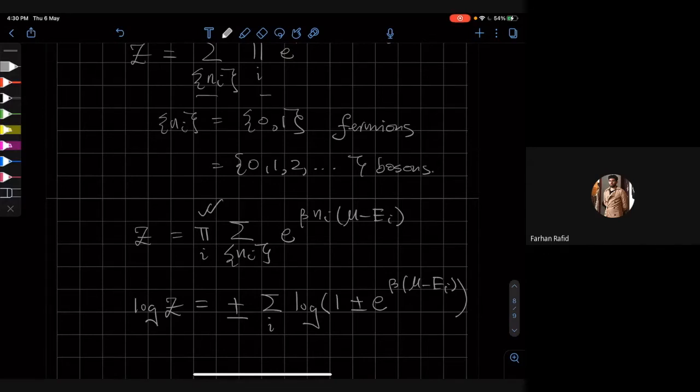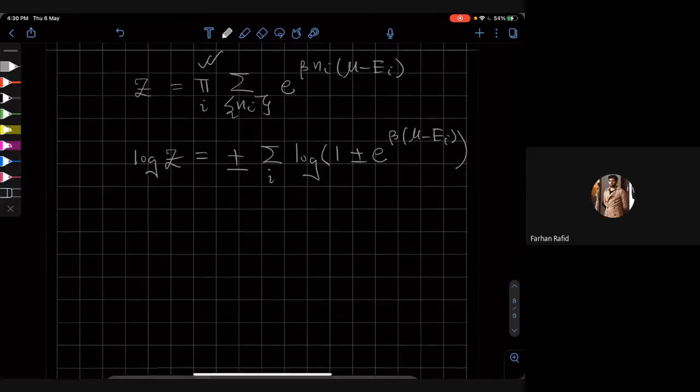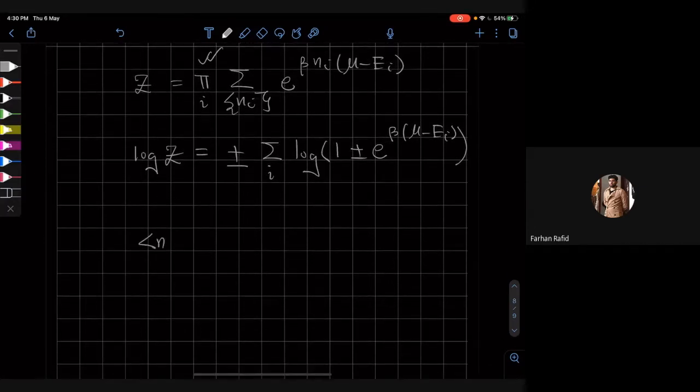Now we can write, like before, what is the expectation value, the average number N?